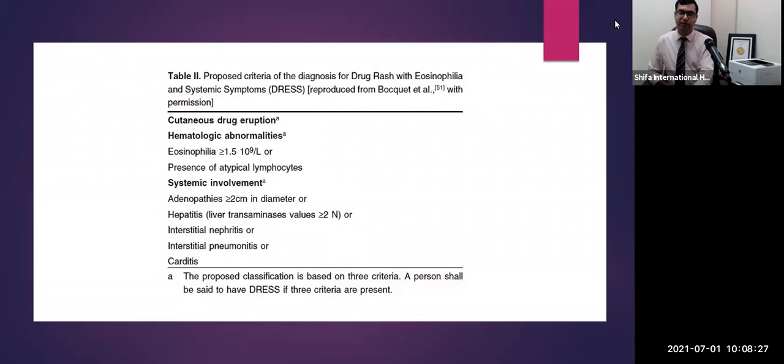How do we pick up liver involvement? Transaminases, they are significantly high in DRESS. Kidney involvement, so creatinine, interstitial pneumonitis, so you will have clinical signs, and carditis.